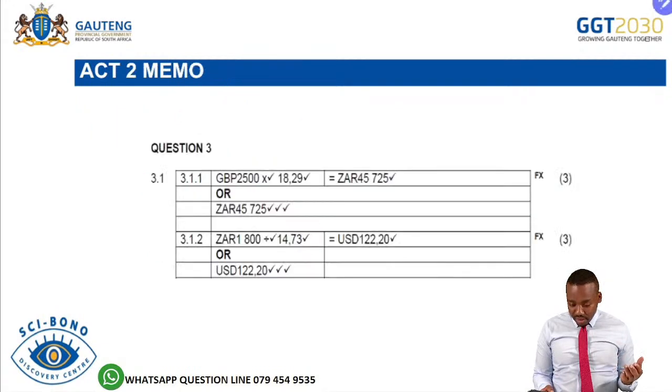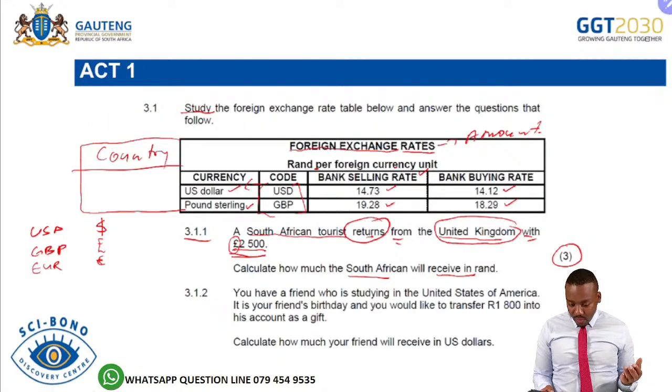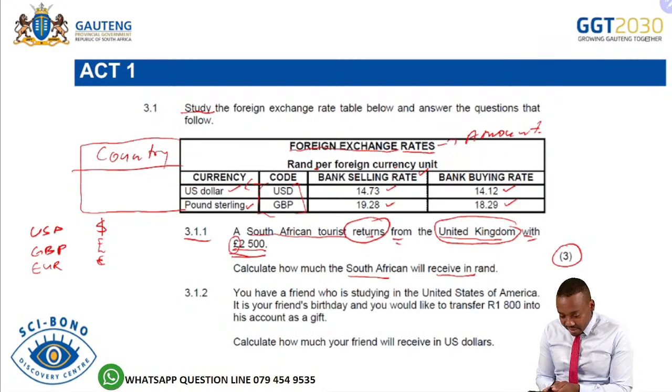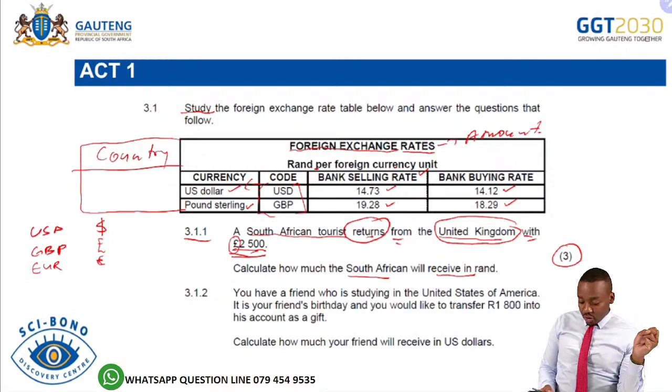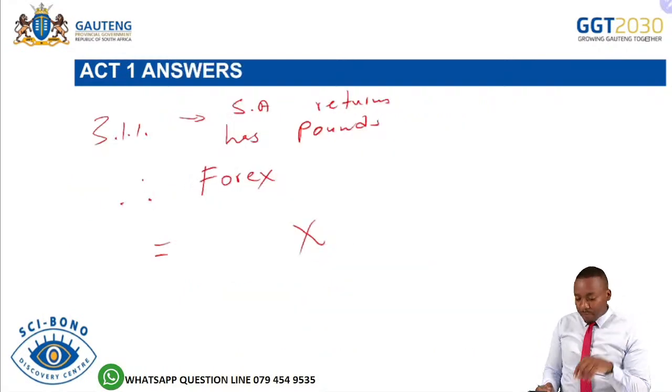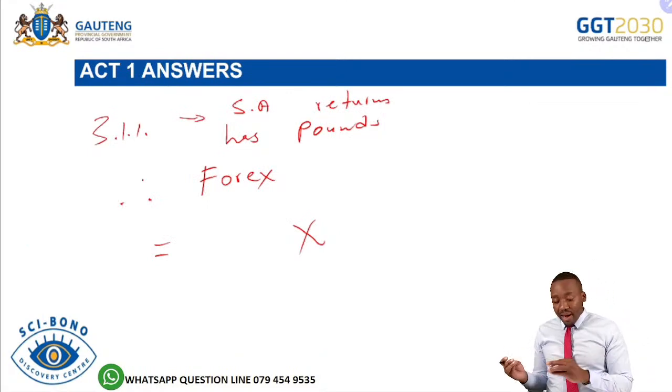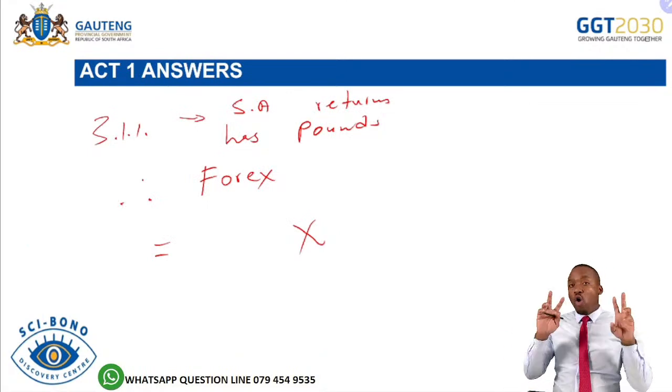Let's go back. So a South African returns with 2,500 pounds. So this person has foreign exchange. So we have identified this. He has foreign exchange. And what does he want now? Remember, he returns home to his local country.